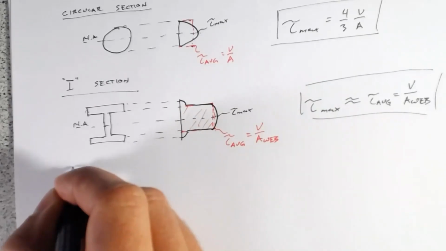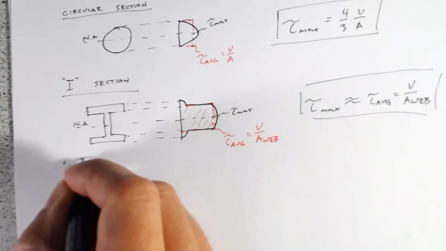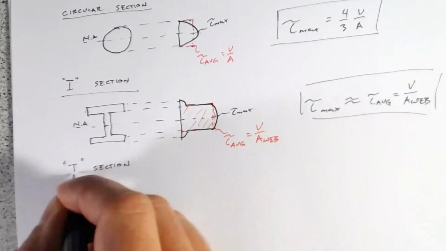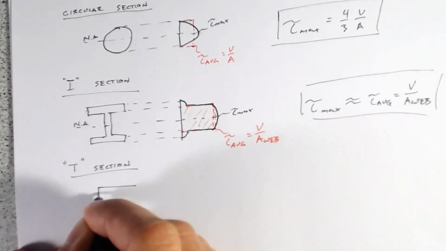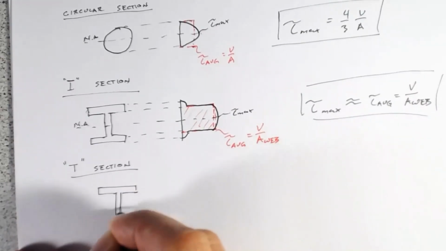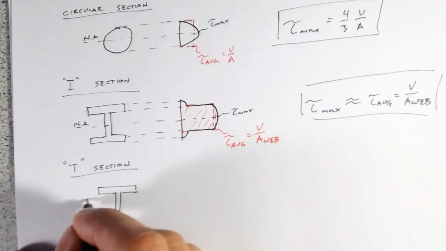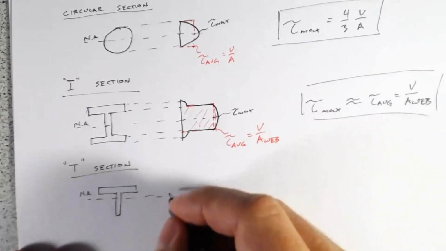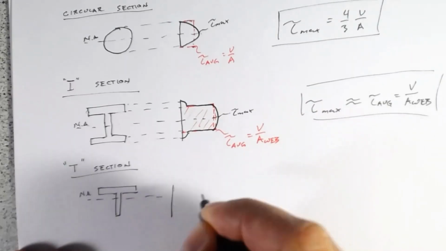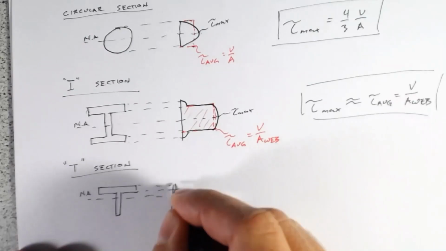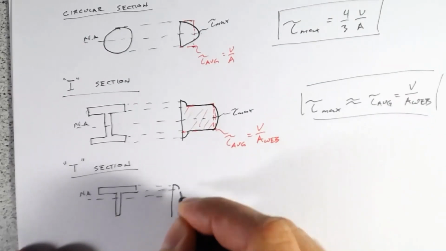Let's look at one more. Let's look at a T section. So this is our T section. Our neutral axis is going to be set up a bit higher towards the flange there, and you find out you get a profile that looks something like this.